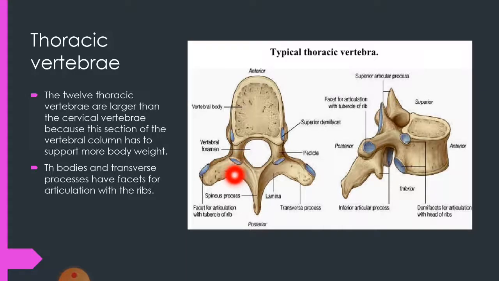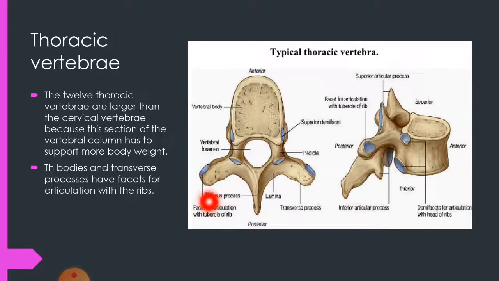Anteriorly, the ribs articulate with the sternum, while at the back these ribs articulate with the thoracic vertebrae. So for the articulation, the thoracic vertebrae have facets.